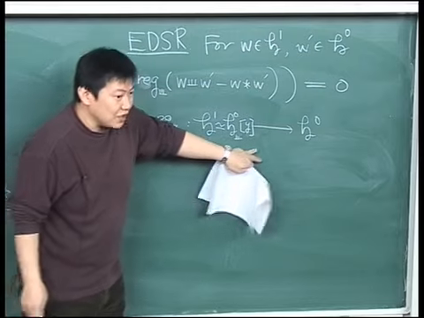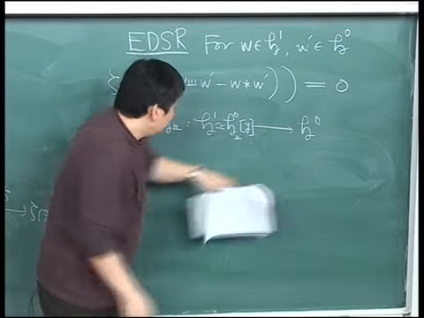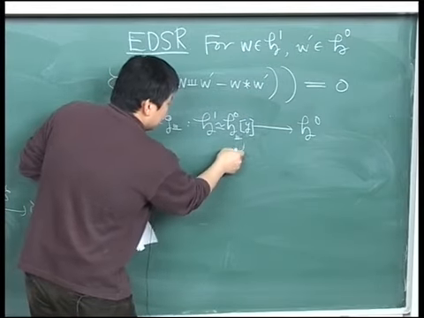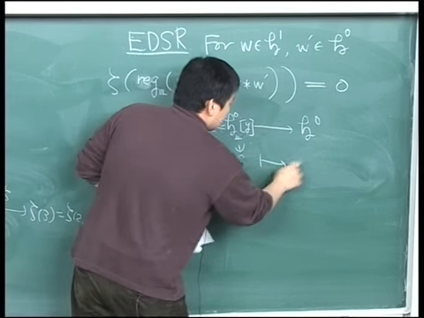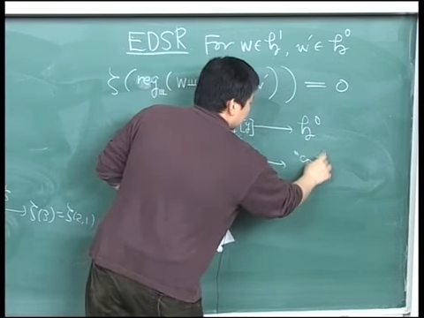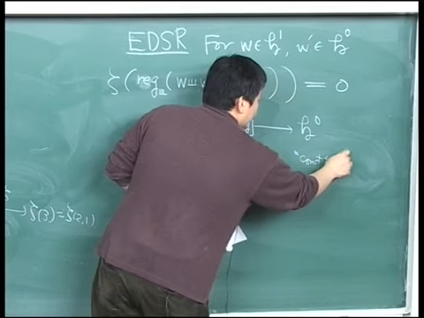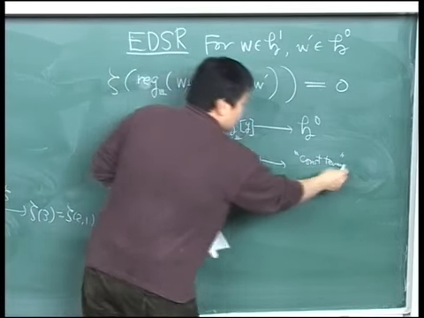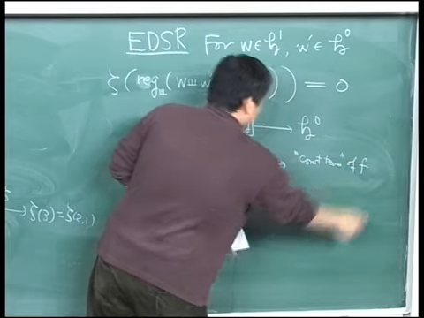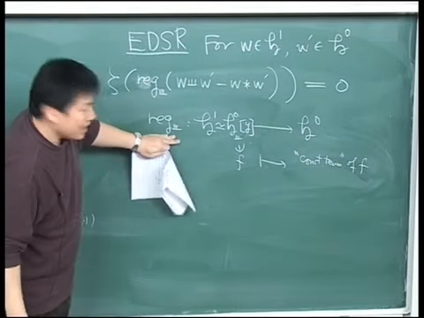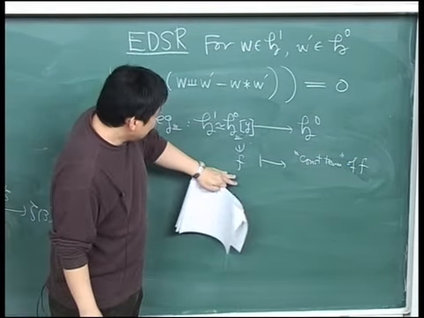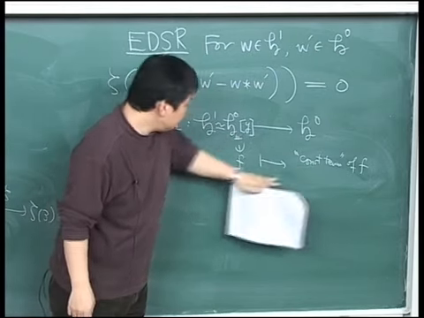So we take the constant term of this expression. This map assigns the constant term of f to each f.